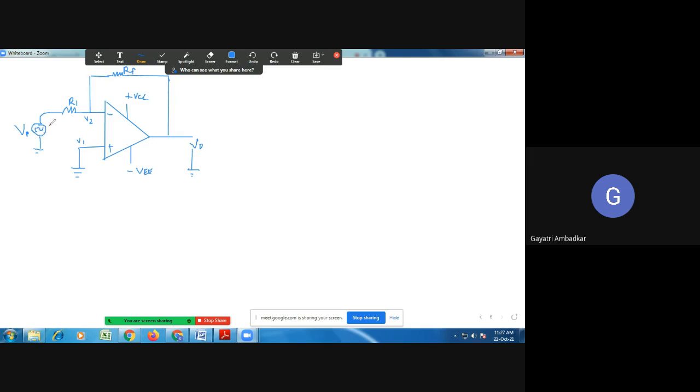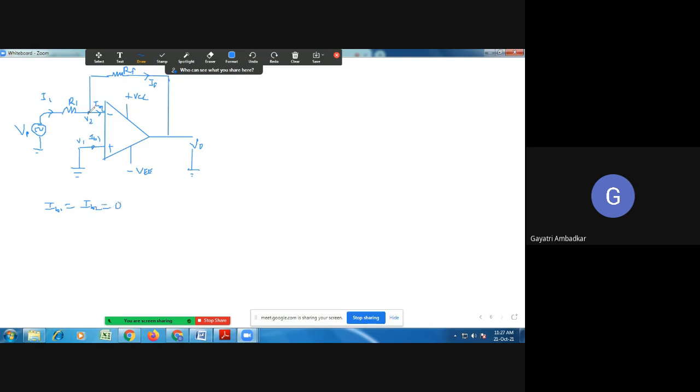So this is the current flowing, I1, and this is the current flowing, IF. Let's say this is IB2 and IB1. Okay. So IB1 and IB2 both are 0.